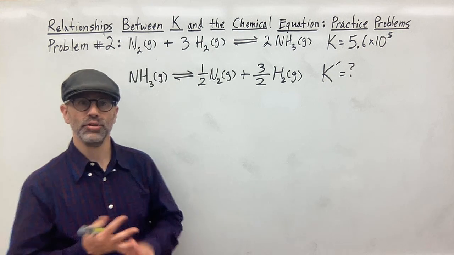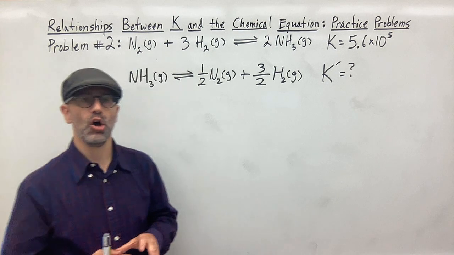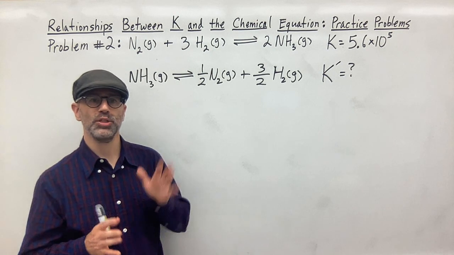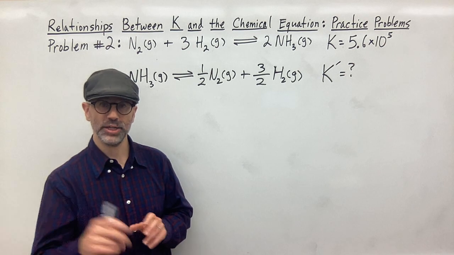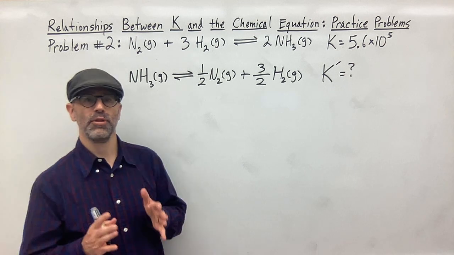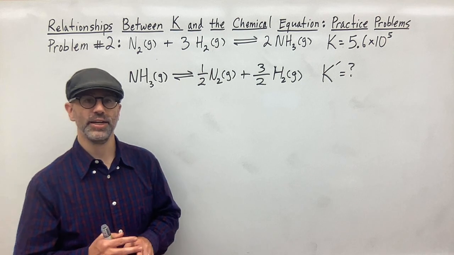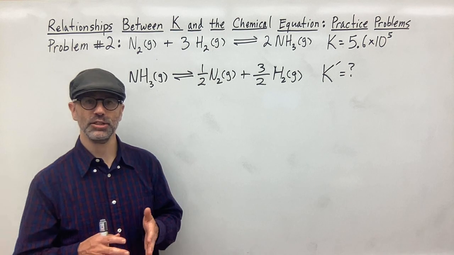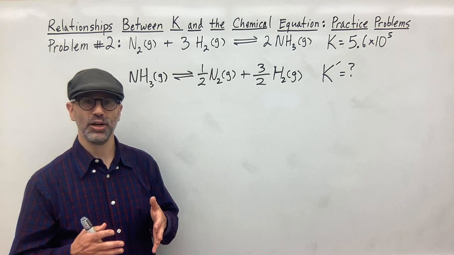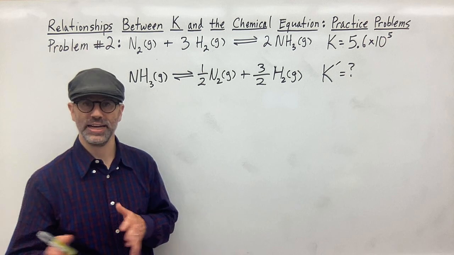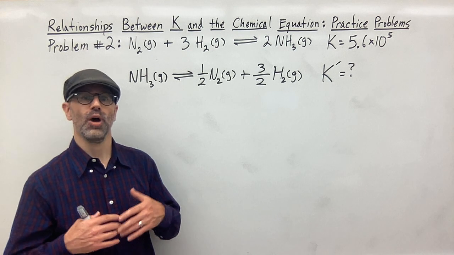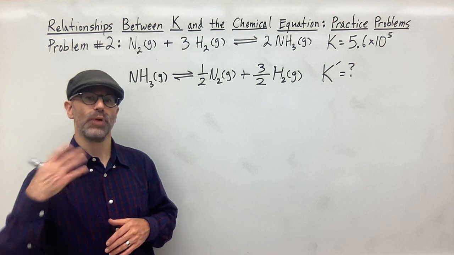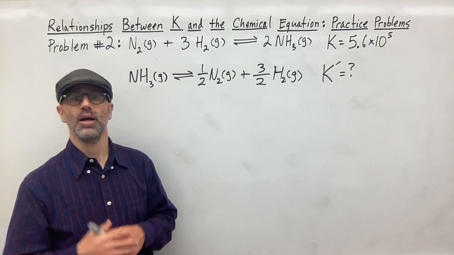So there's a few things we need to remember. As far as relationships between your K, your equilibrium constant, and the chemical equation, if you multiply your equation by a factor, then the K value for the new reaction is the original K raised to that same power of the factor.